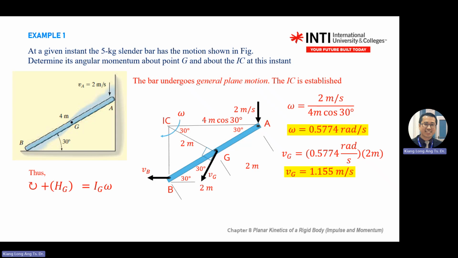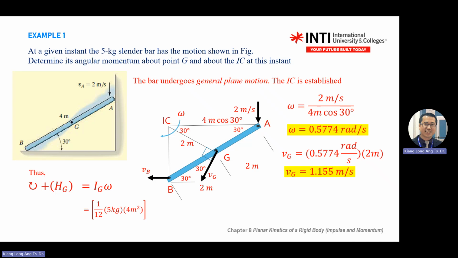Okay, so in this case, the center of gravity is turning in omega, right? So if you stand here, the G actually is turning, so we only have IG. So how to find IG? You go to the table.